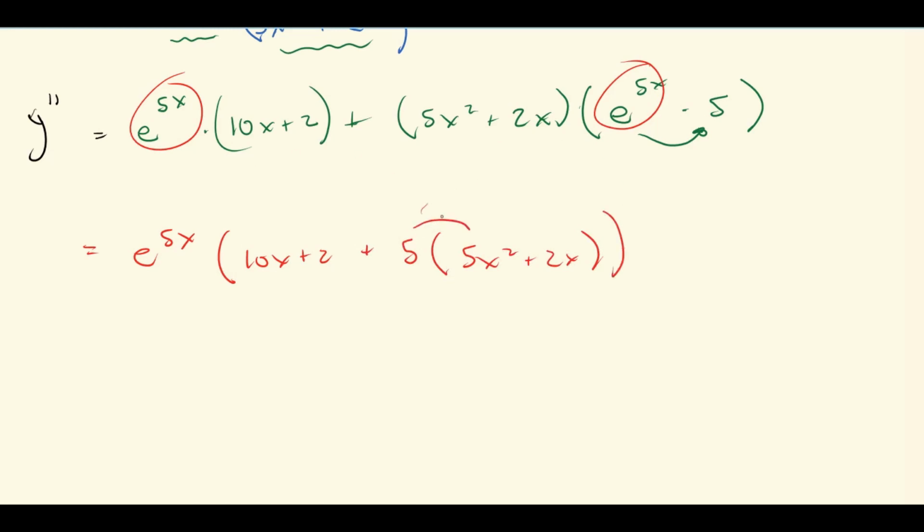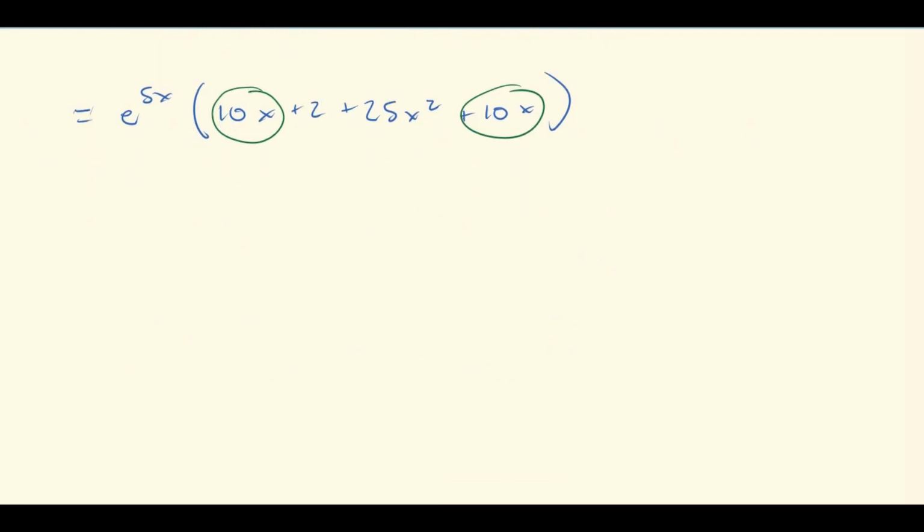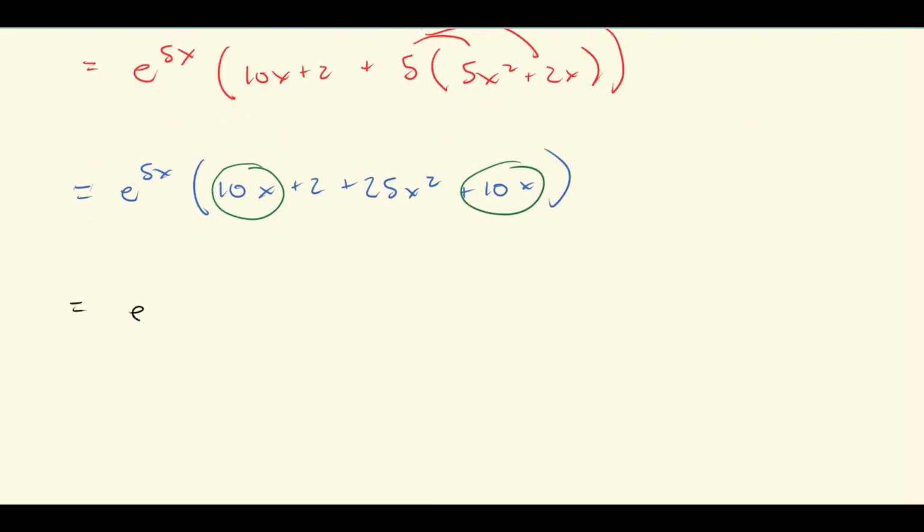We'll go ahead and distribute this 5, which will give us e to the 5x times 10x plus 2 plus, we got a 5 times 5x squared, which is 25x squared, 5 times 2x, which is 10x. We'll go ahead and combine like terms. We have a 10x and a 10x. So we get e to the 5x times 25x squared plus 20x plus 2.